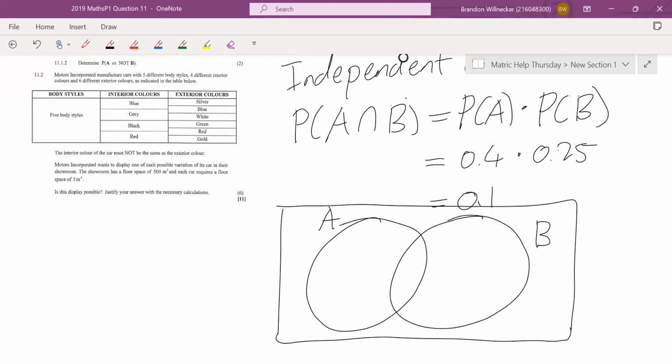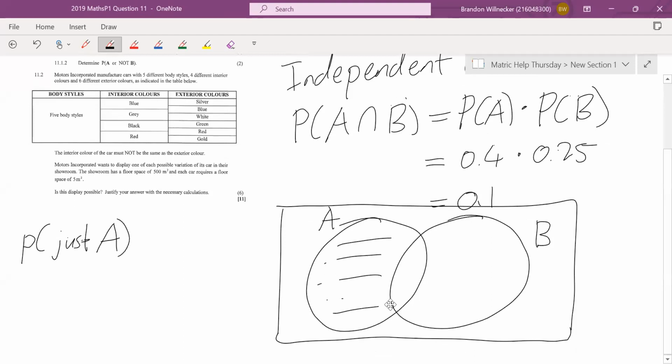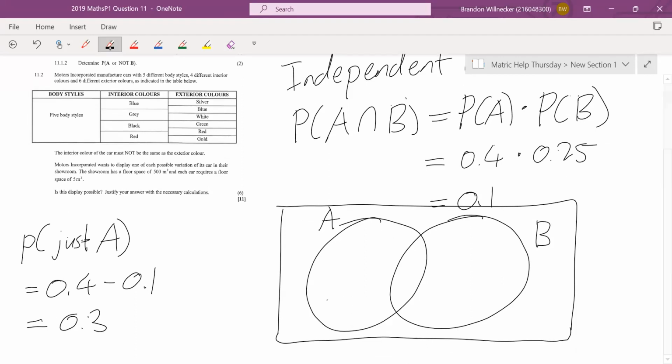Okay, so what is the probability of just A? So that's this part over here with no B overlapping there. So this is going to be 0.4 minus 0.1. Why 0.1? Because that's the intersection part. And that's going to be equal to 0.3. So we can just erase this and we can put 0.3.